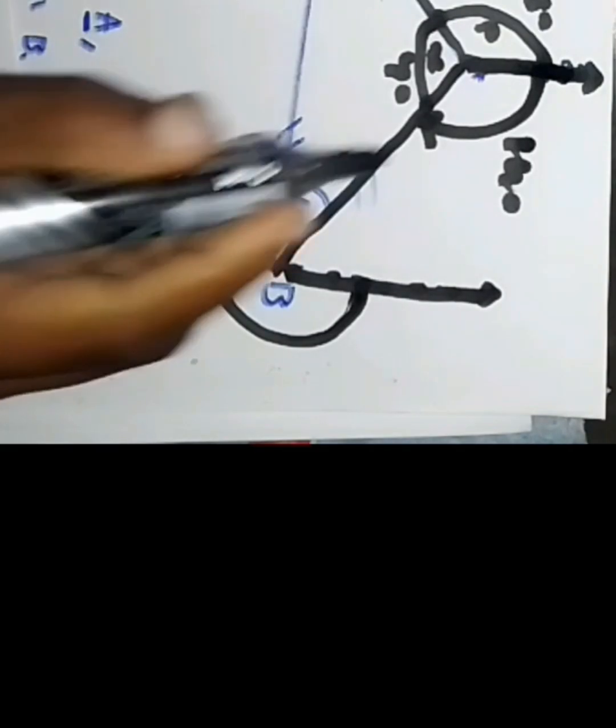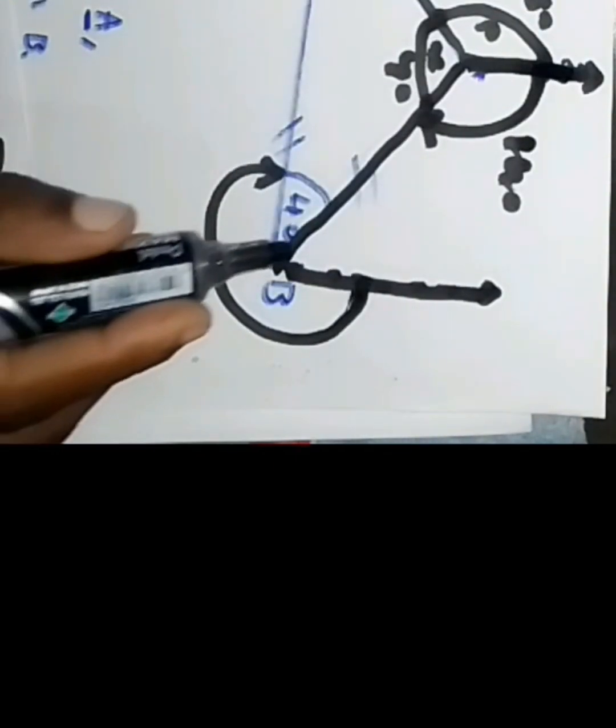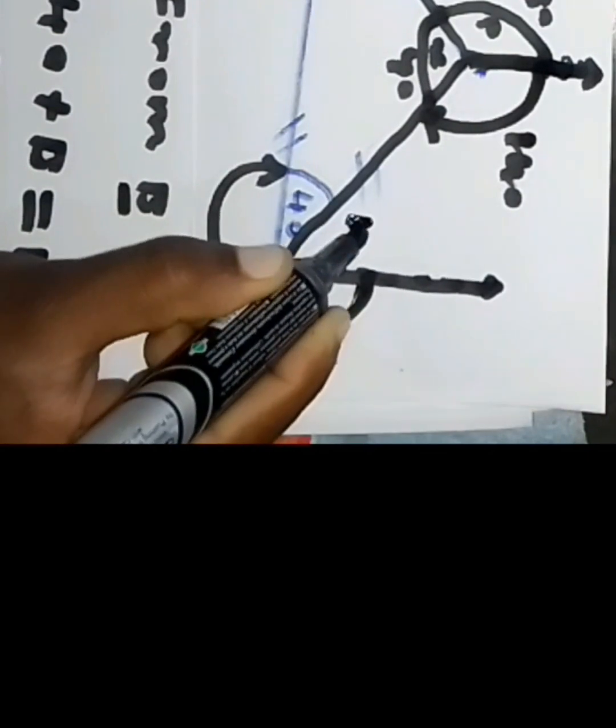So 140 plus B, calling this B, is 180. B is 180 minus 140, so B is equal to 40, meaning this angle here is 40.